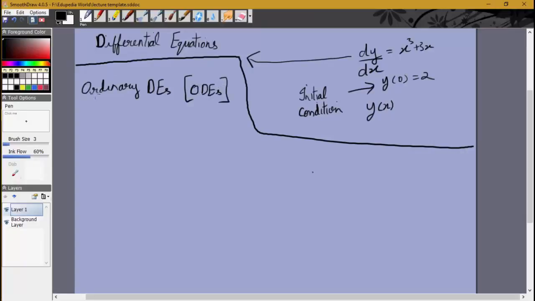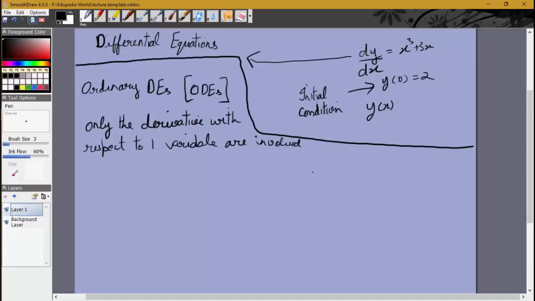So ordinary differential equations are differential equations in which only the derivatives with respect to one variable are involved. So in this case, the derivative is with respect to x. We could add other terms as well, the double derivative of y with respect to x, 3 times the triple derivative, but as long as all the derivatives are with respect to x, it would be an ordinary differential equation.